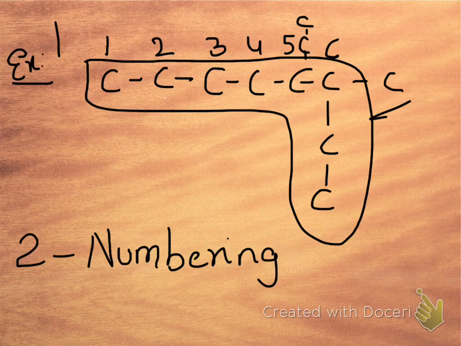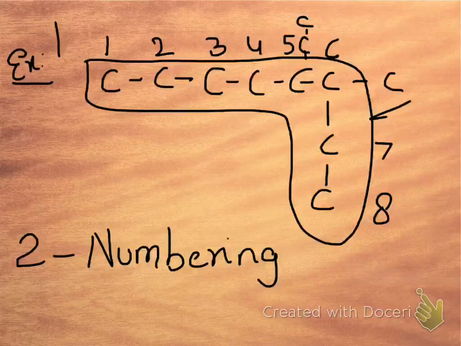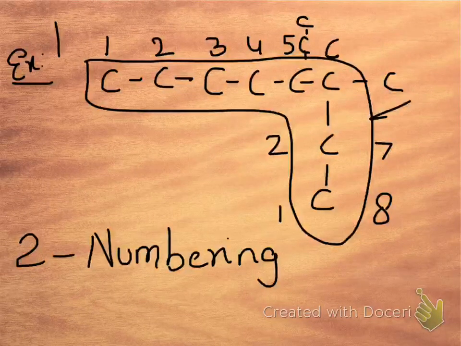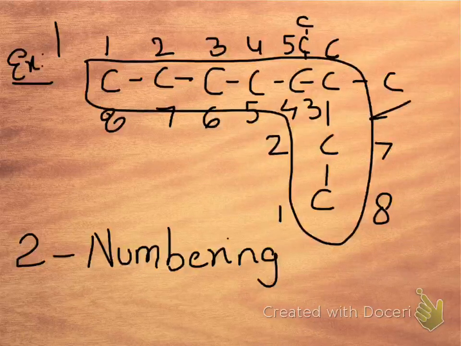This is 6, this is 7, this is 8. In the same way, you should go in the opposite direction also, like this: 1, 2, this is 3, this is 4, this is 5, this is 6, this is 7, this is 8. So this is our order for numbering.